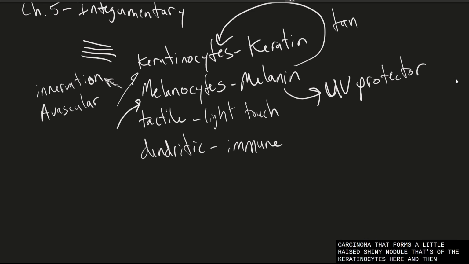And then there's squamous cell carcinoma. That forms a little reddish patch. That's back of the head and on the hands, that one's popular. But melanocytes and melanoma is the most dangerous one.